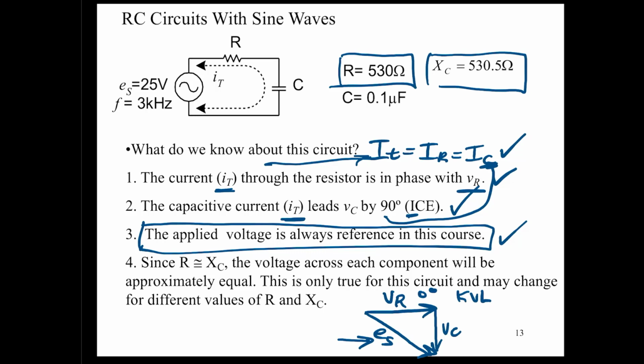We can see how the summing of the voltage values gives us the source voltage, just like it does for any series arrangement, only there's an angular displacement between VR and VC when it comes to a reactive circuit.